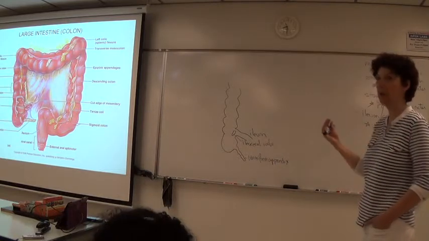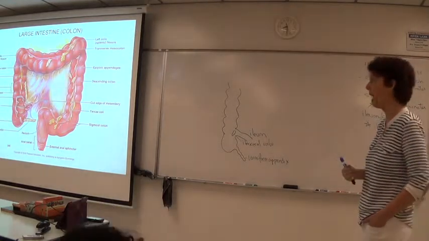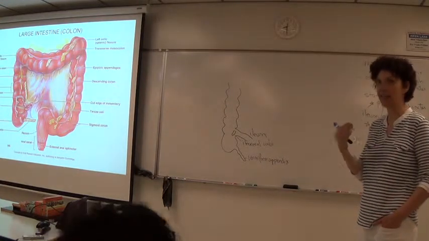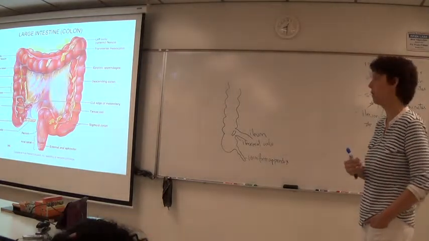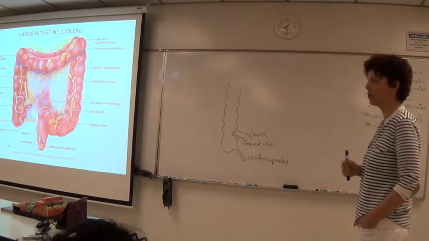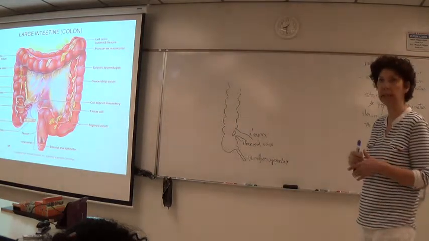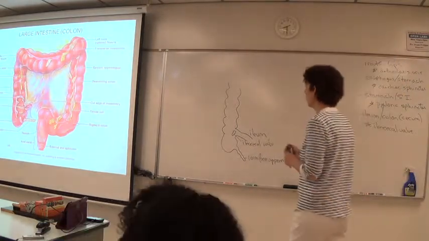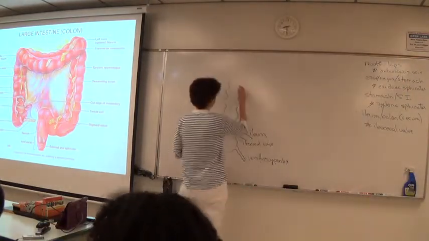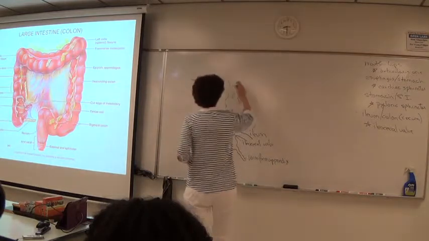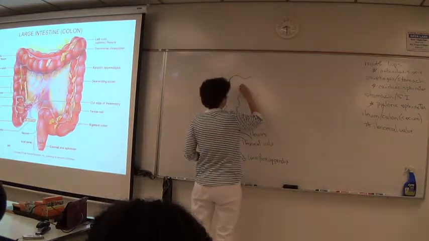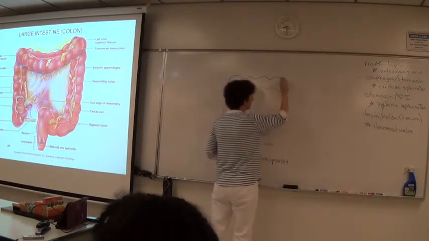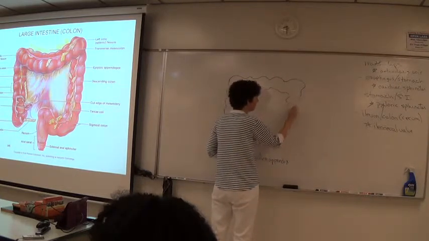So obviously the colon has E. coli bacteria. As a function of the colon, as you'll see when we look at the histology, we're no longer doing chemical digestion. All right? So the purpose of the colon is primarily an absorptive function. So what do you think we're absorbing? Nutrients and bile?